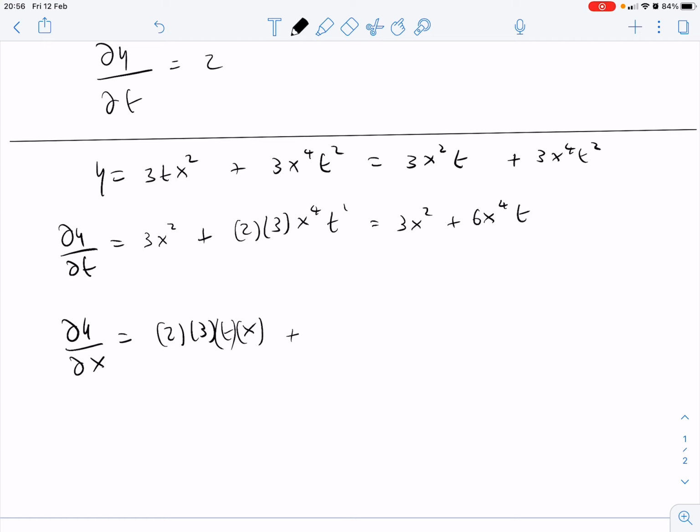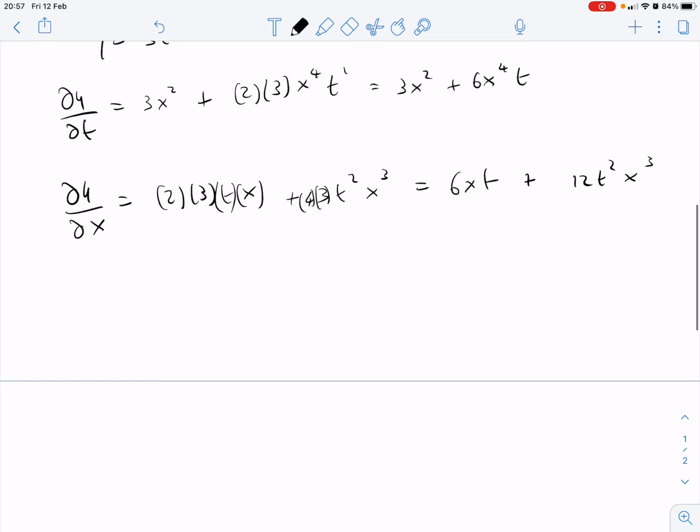Plus 3t squared, that's a constant, and we bring the 4 in front. So that's 4 times 3 times t squared, and then x to the 3, because we're taking the power down. That gives us 6xt plus 12t squared x to the power of 3. And that's all it is.